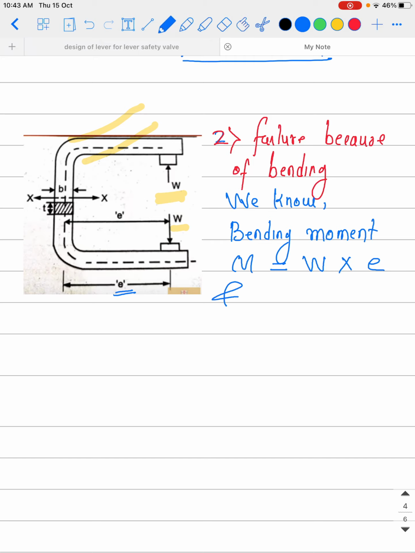The section modulus Z is equal to T into B square divided by 6.